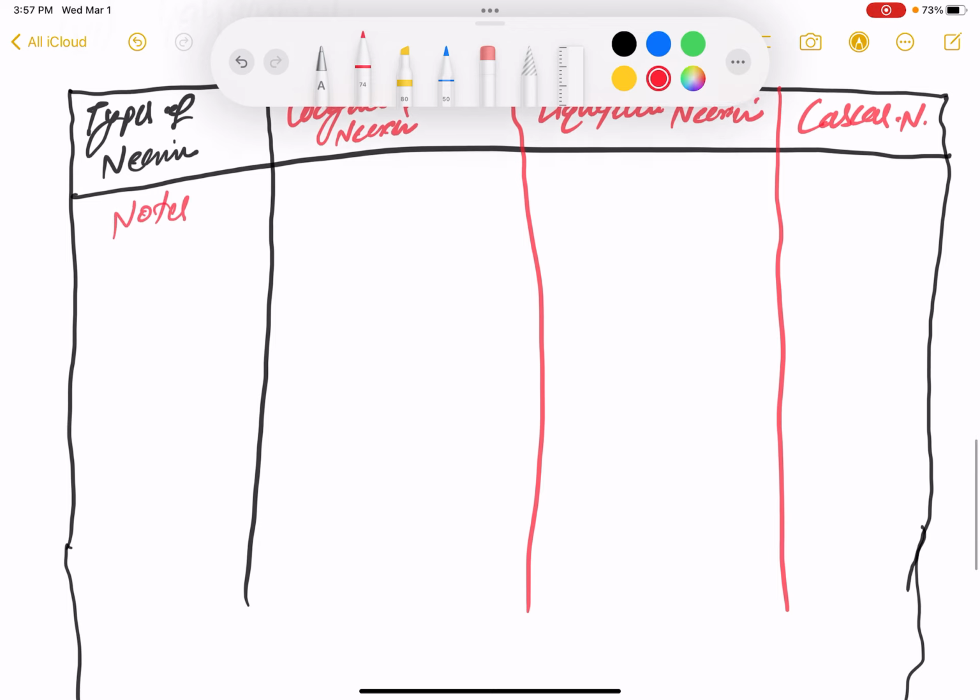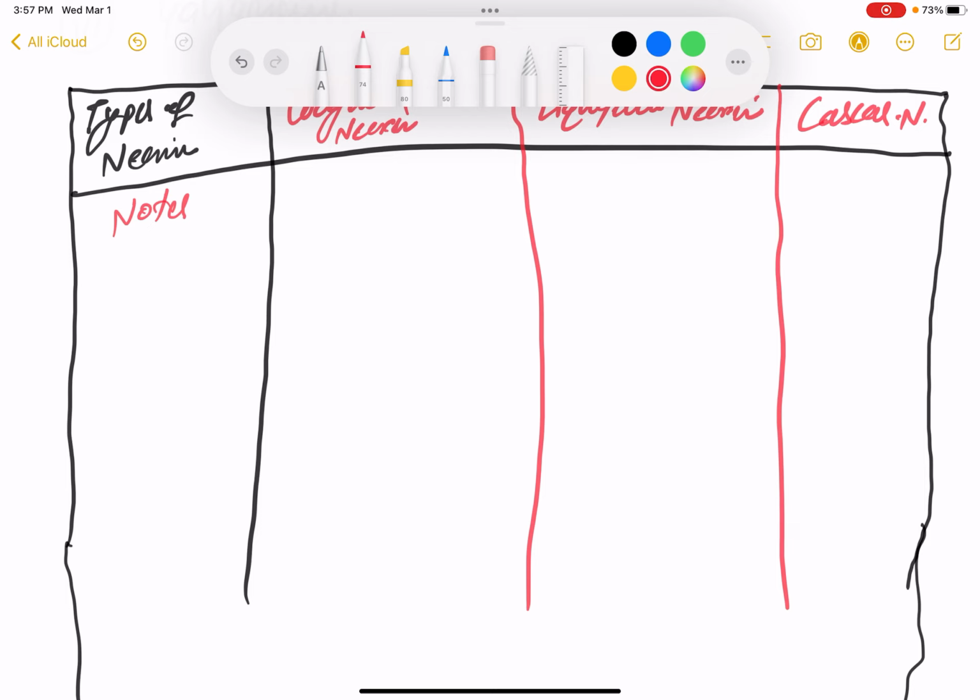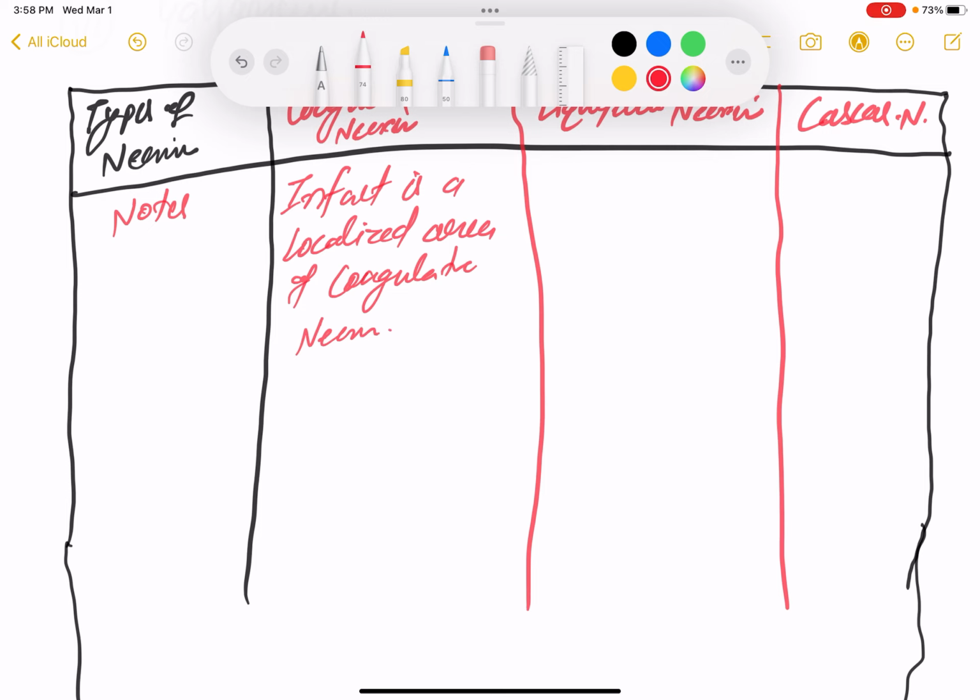Coagulative necrosis occurs in an infarct, which is a localized area of coagulative necrosis.